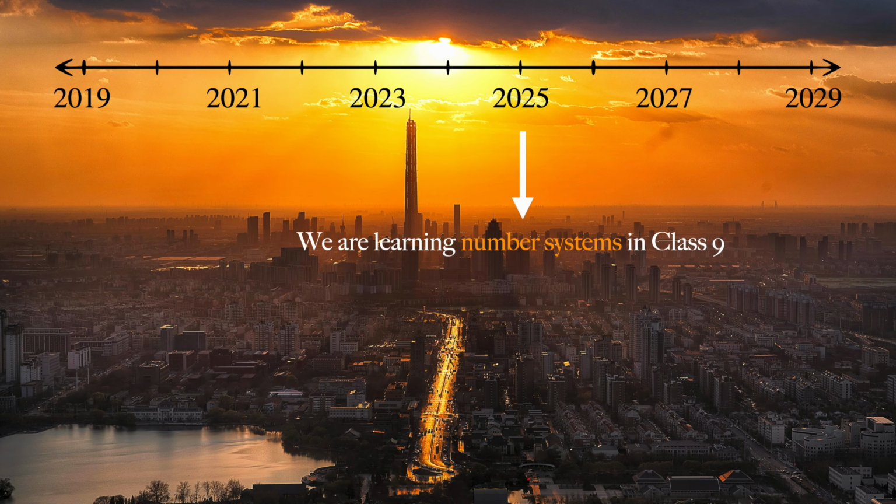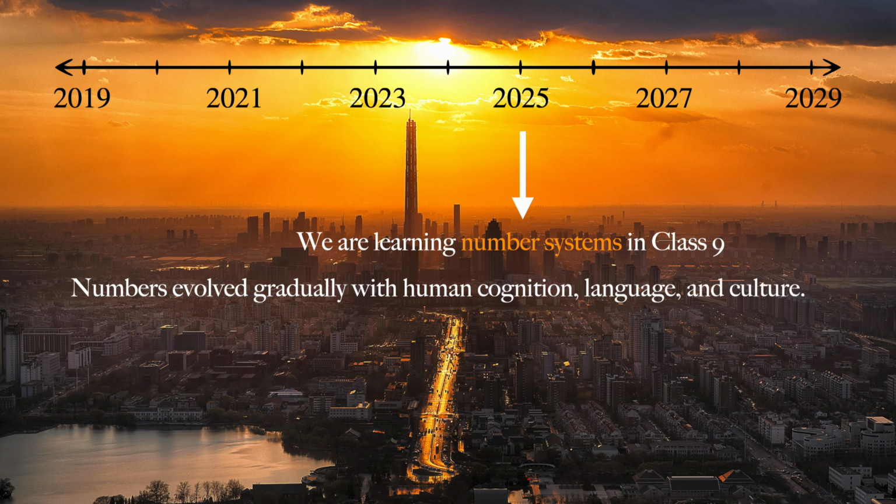Let us look at how mathematics or number systems, which is a kind of building block of the overall mathematics, has come into the form that we see today. Now mathematics has evolved, or numbers have evolved, gradually with how human cognition, language and culture have evolved.